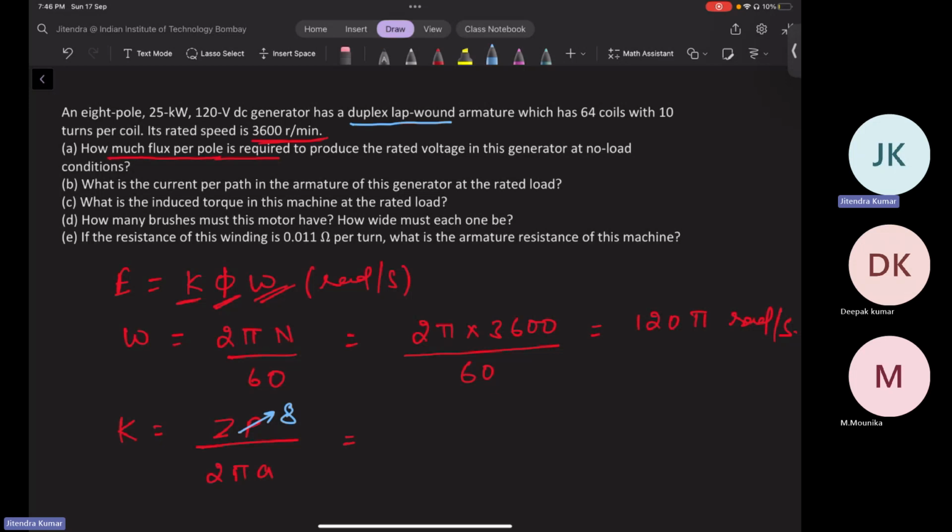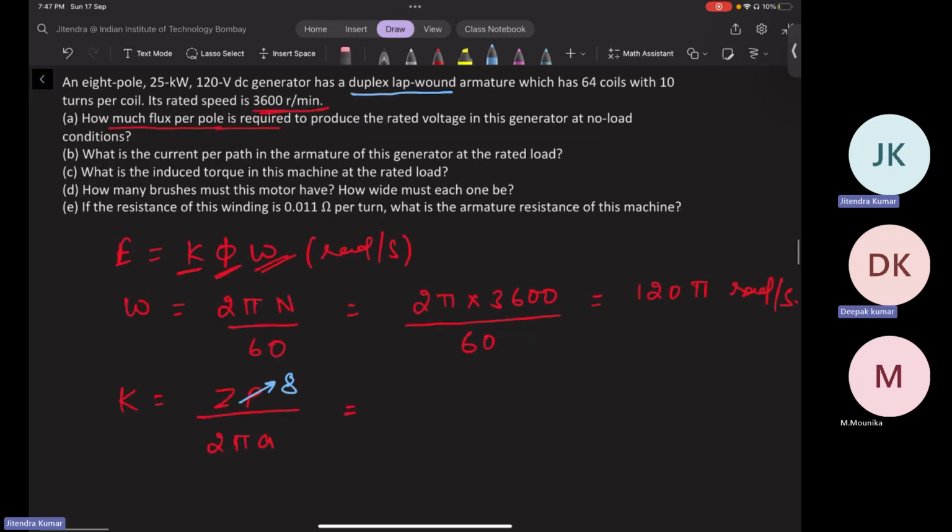So how many parallel paths will be here? So parallel paths will be 16. How many number of conductors will be? So 1280.